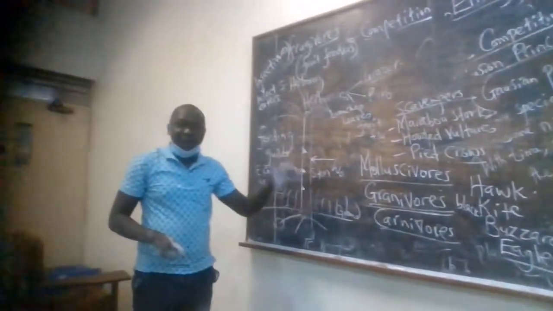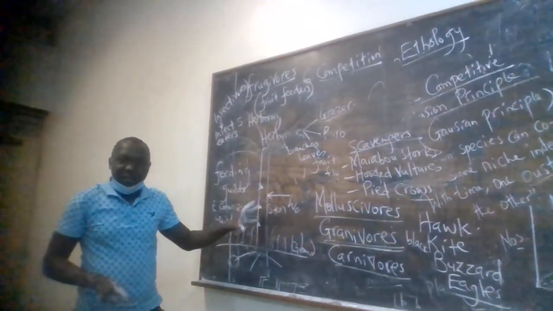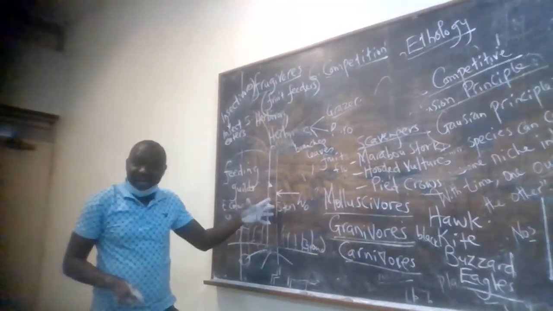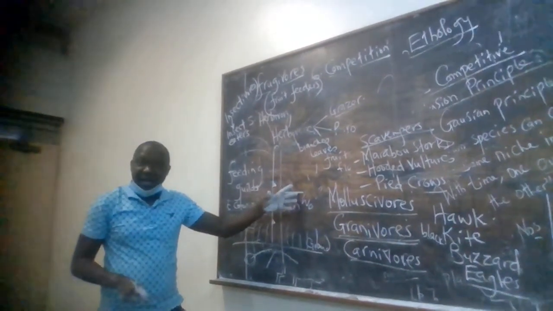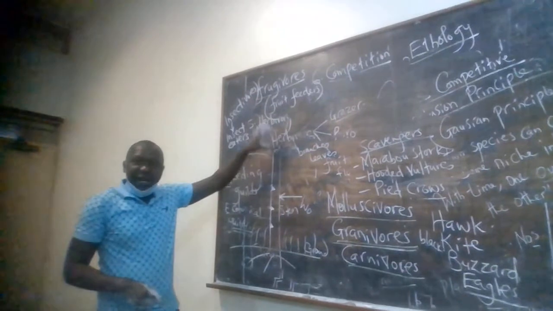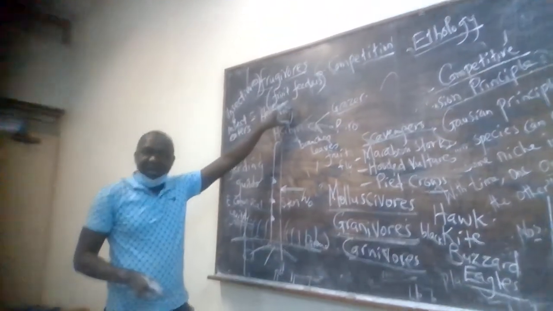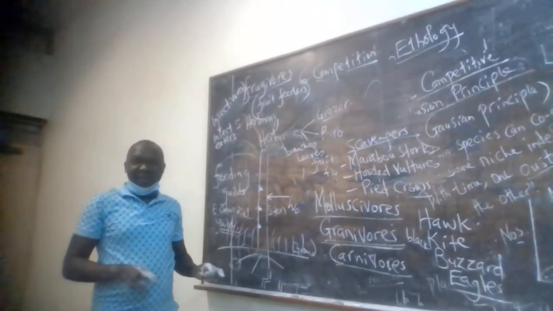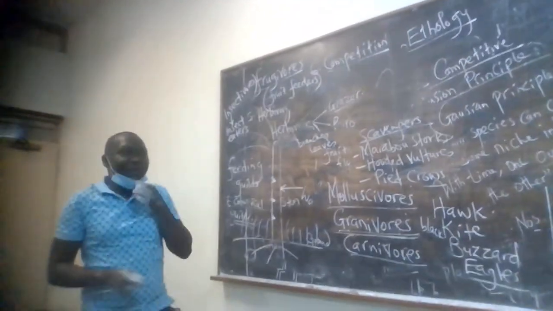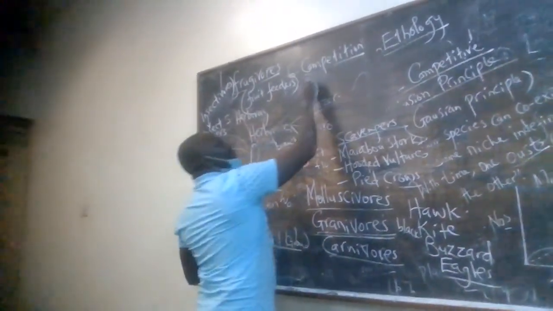You can feed on the walking insects walking along the stem, like the woodpecker, which is an insectivore. You can feed on the fruits in the canopy of the tree, like the frugivores. We can also have what we call leafivore.